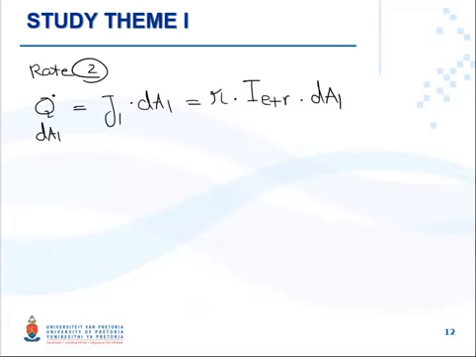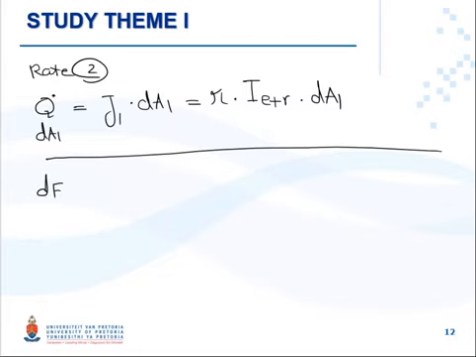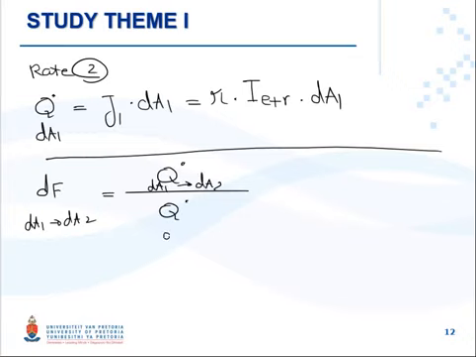Okay, so now we have both rates. We can define the differential view factor as dF dA1 to dA2 is equal to Q̇ dA1 to dA2 divided by Q̇ dA1.